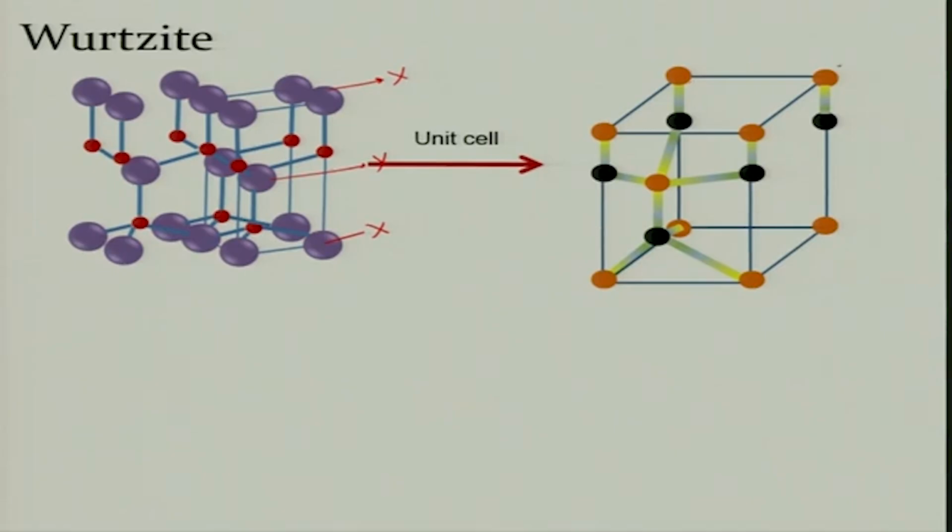You have these oxygen atoms sitting at the lattice sites, and in between them this is a tetrahedrally coordinated metal, and this is a tetrahedrally coordinated metal. So, you have metals here, then another metal there. Okay. So, 2 cations and 2 anions will be present in the lattice.